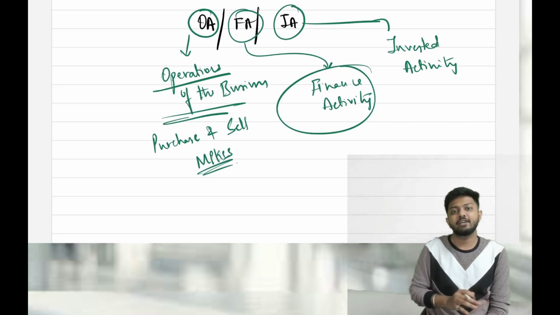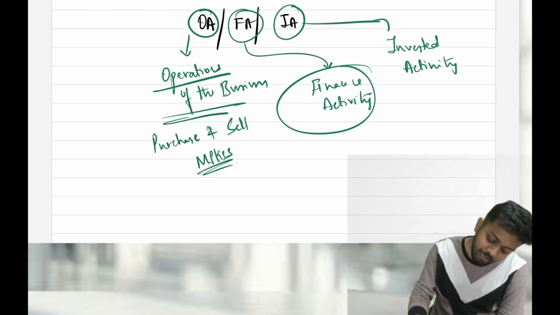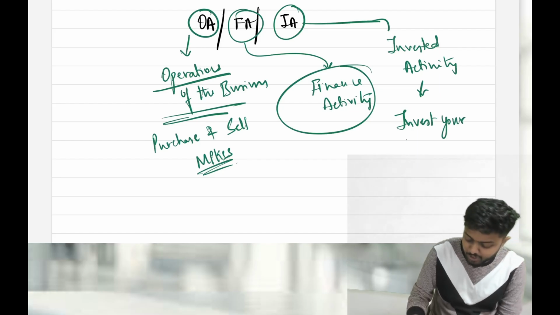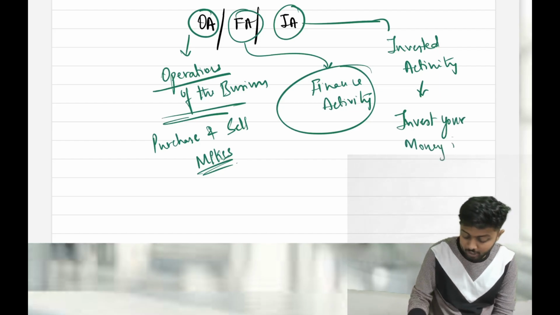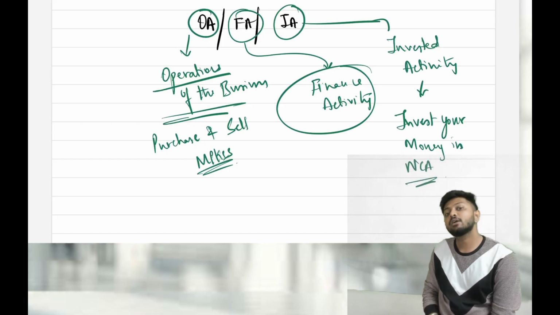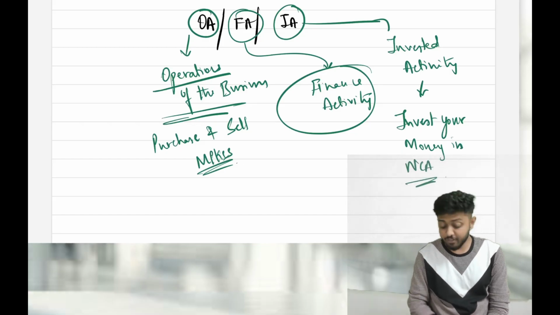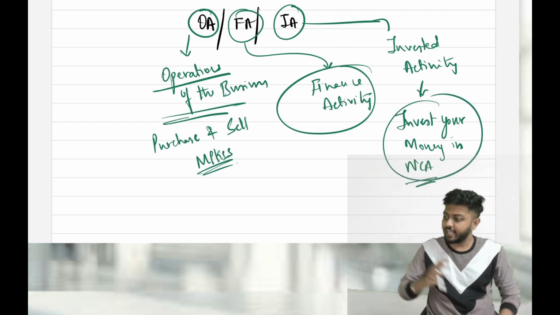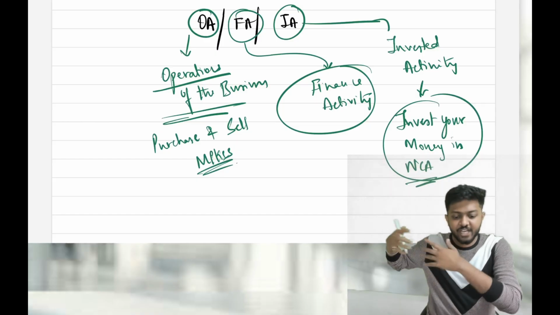Investing activity. Then one more thing that comes in investing activities: even if you invest your money in non-current assets, still it will be considered as investing activities. Investment in any other companies, any other shares.